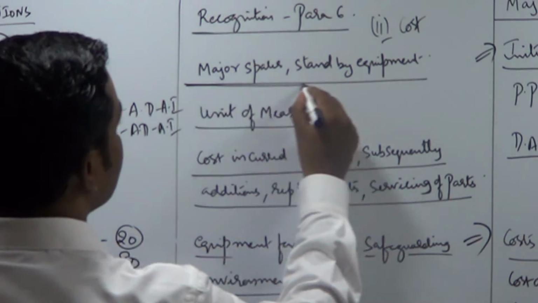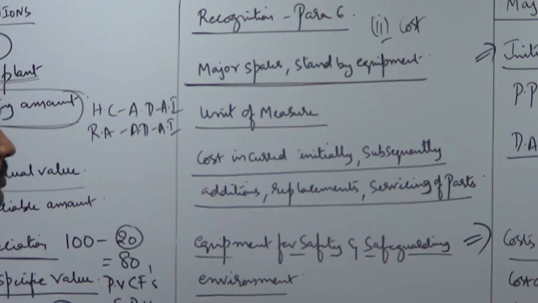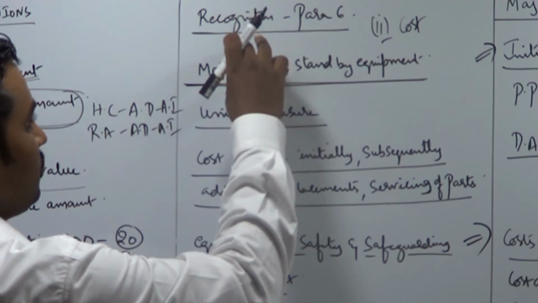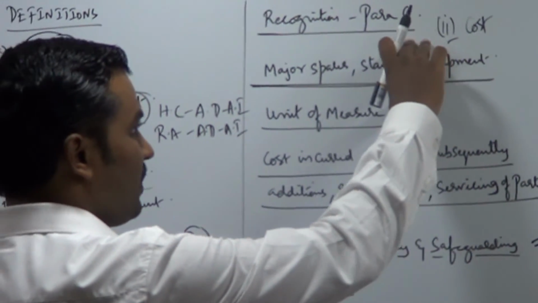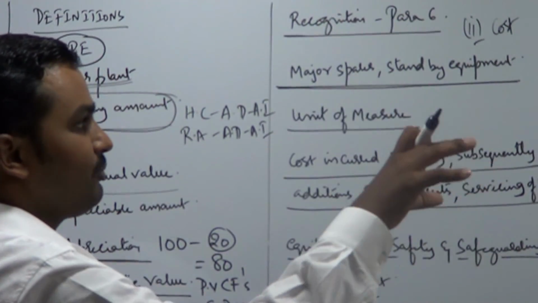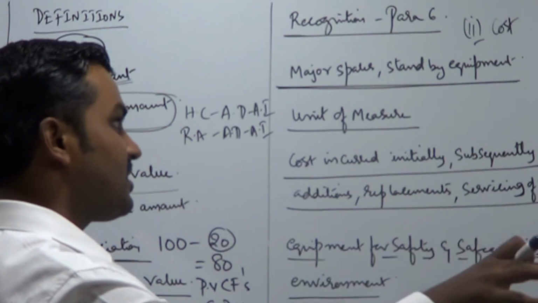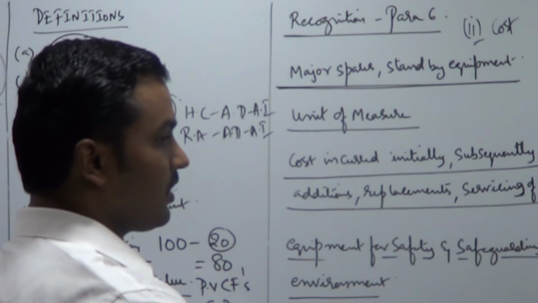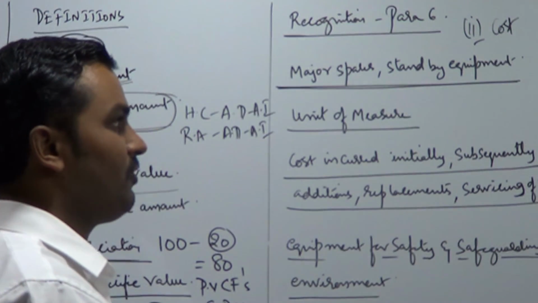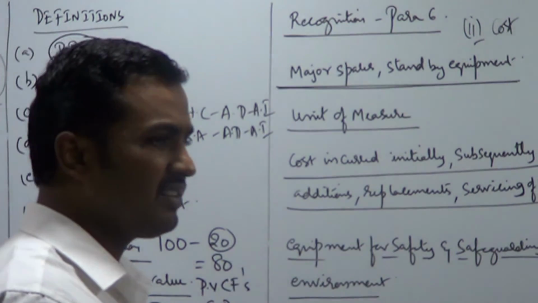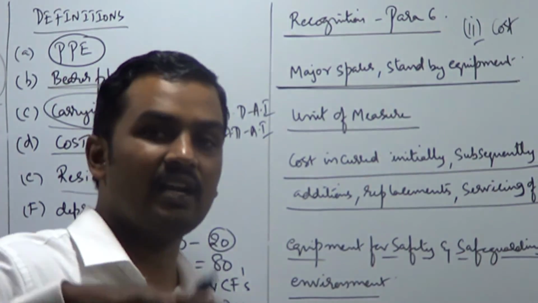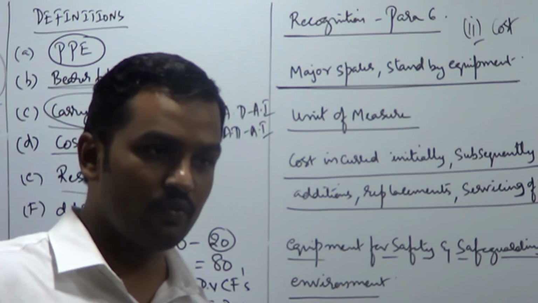Now we come to the next item, major spare parts and standby equipment. As per the standard, we have to apply the recognition criteria even to major spares and standby equipment. If they satisfy the definition of property, plant and equipment, then they can be capitalized in our books of account. If they do not, they have to be considered as inventory and are dealt with by Ind AS 2.